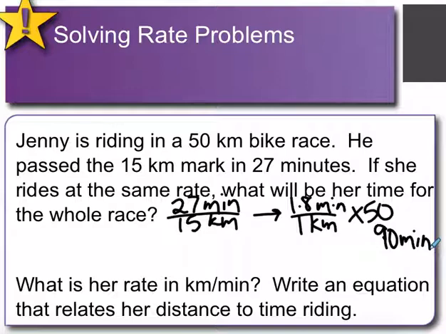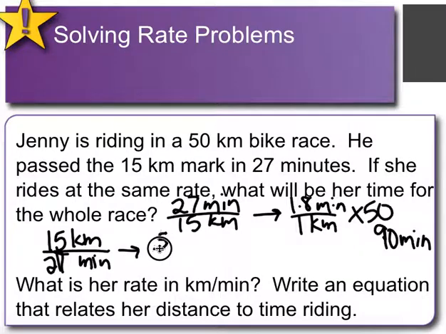And we could say, all right, if we want kilometers per minute, that means we're going to do 15 kilometers for 1 minute, for my 27 minutes. And we figured out that that was 0.5 repeating kilometers for 1 minute.